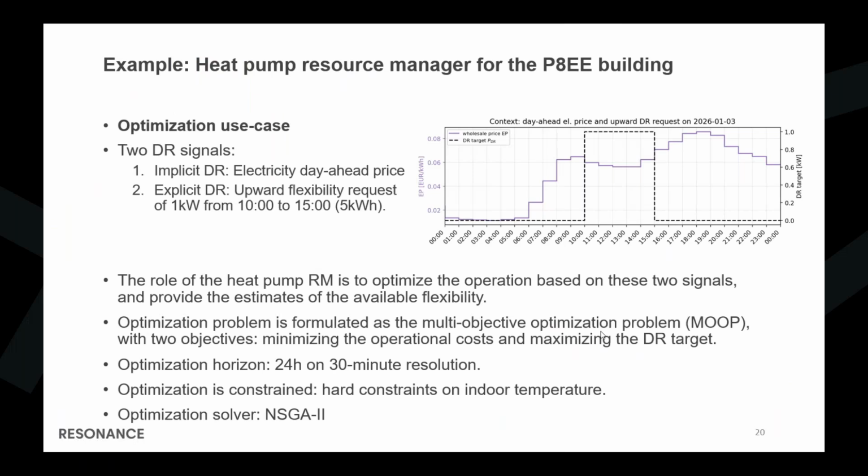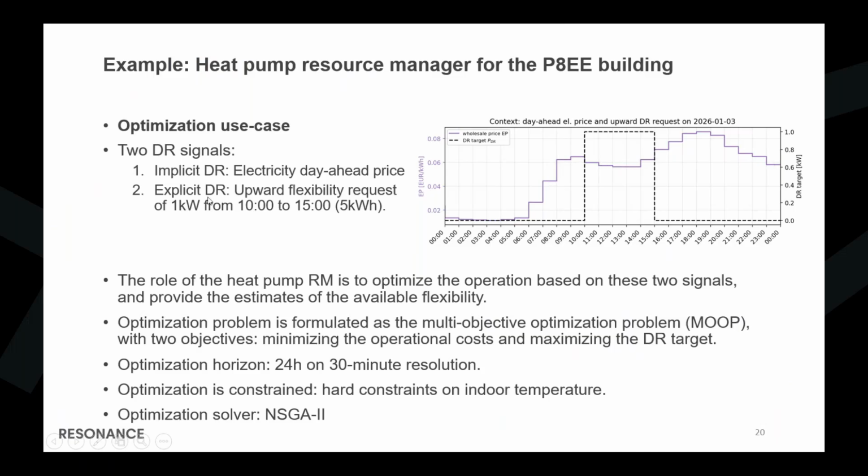So the optimization use case that we will present here is based on two DR signals. So we assume that there are two DR signals which come to the resource manager. The first one is the electricity day-ahead price, which is the implicit demand response signal, which you can see here with the purple color.